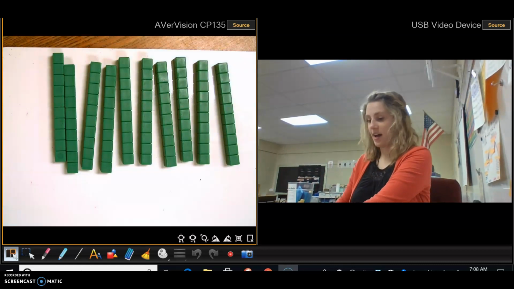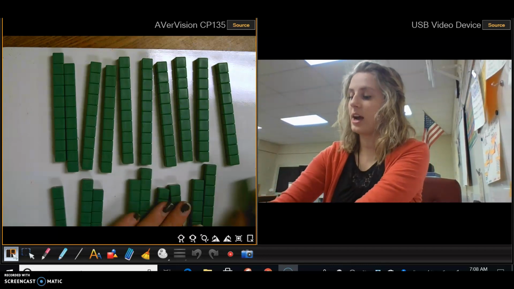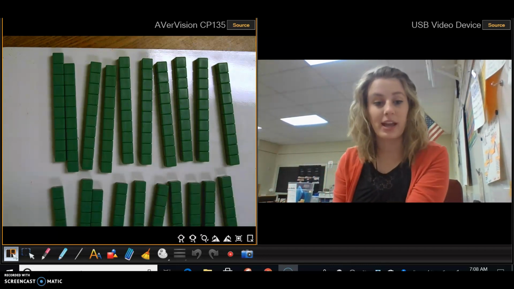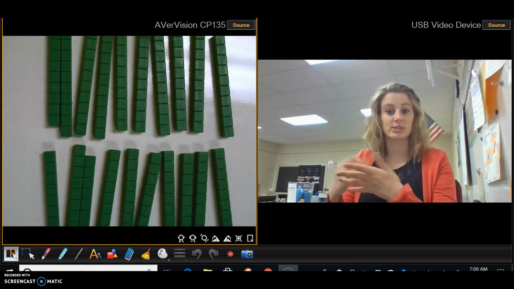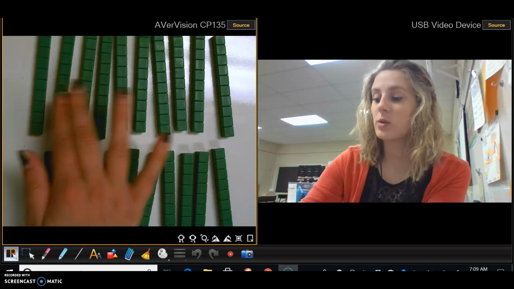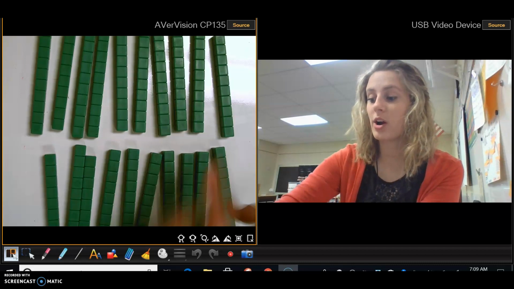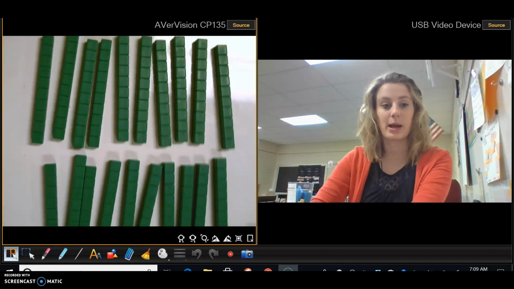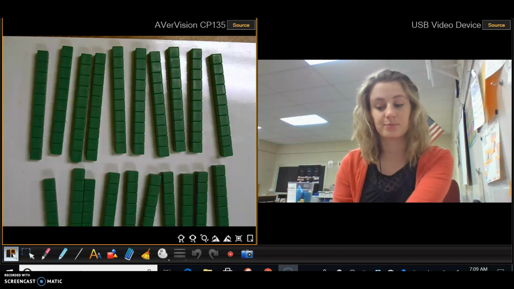So if I have this many 10 sticks, I need to figure out an easier way to count them, right? Because right now, if each bundle equals 10, that's a lot of counting. So we're going to skip count by tens to see what our first row is, okay? So remember, each one of these equals a bundle of 10.